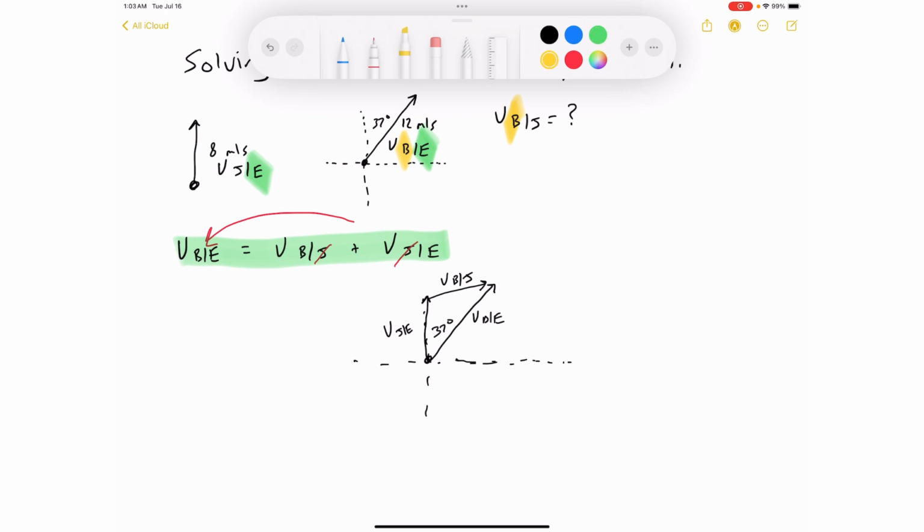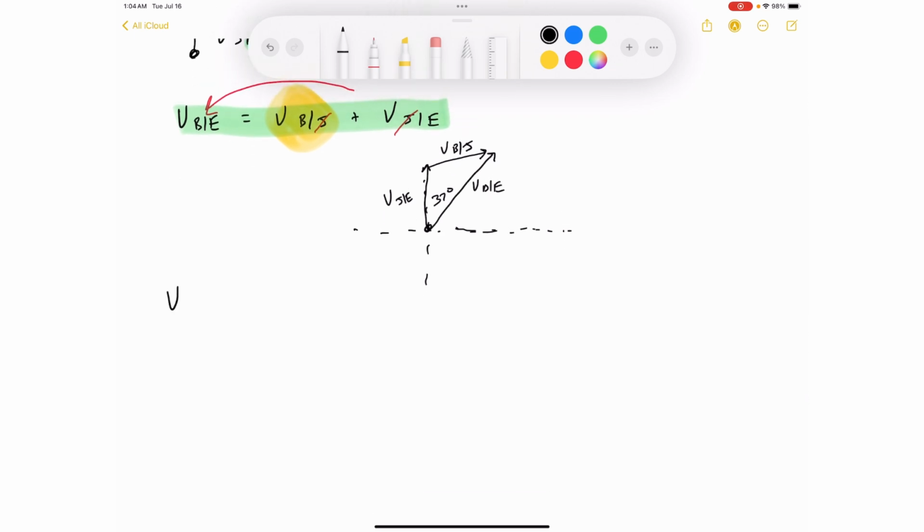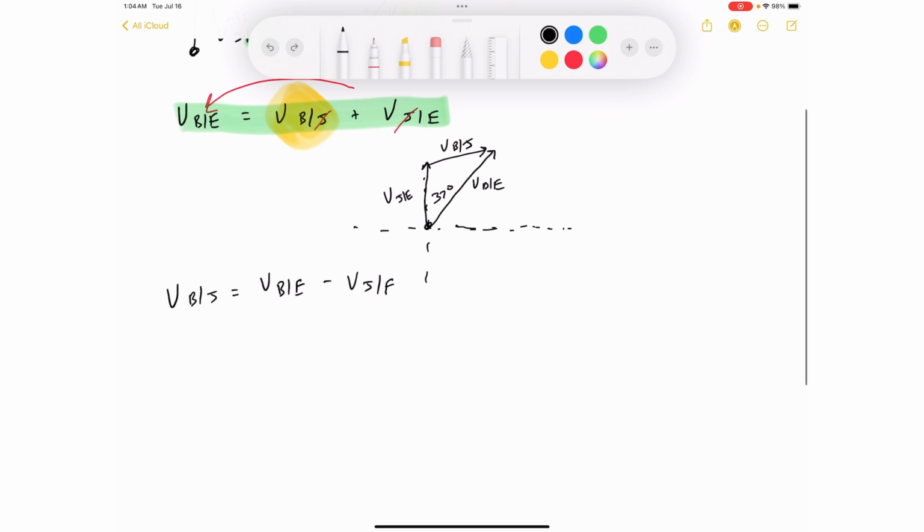That's this one. So I need to rearrange this equation. I could rearrange it as the velocity of the ball relative to 1 is equal to the velocity of the ball relative to Earth minus the velocity of 1 relative to the Earth. Okay, great. And so now let's just do that.